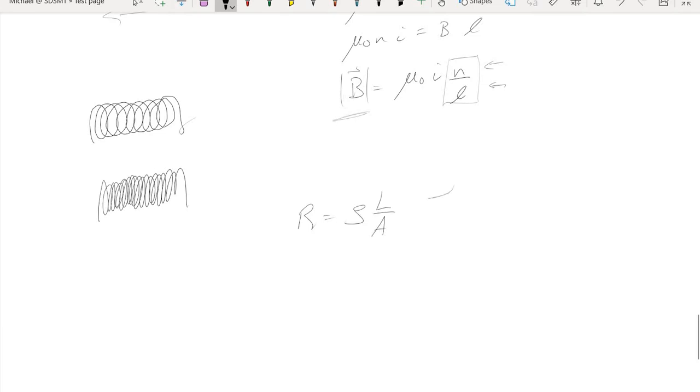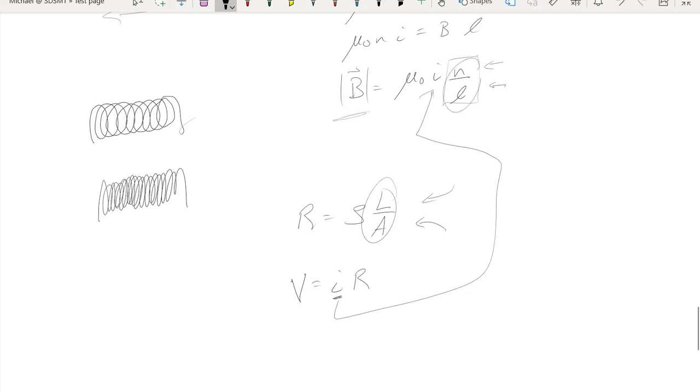Well, you've provided a very long path for your current to travel through and a very small cross-sectional area associated with the thickness of the wire itself. And so you have just caused the resistance of the wire in the solenoid to skyrocket. And what is resistance going to do? Well, it's going to kill your current.